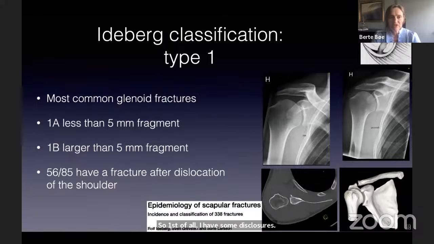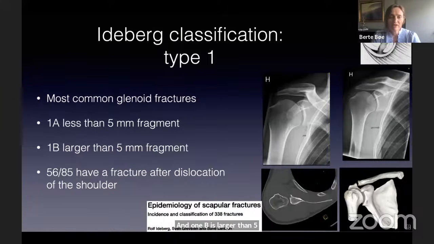Bankart fractures can be classified according to the Edinburgh classification, which is the most used for scapular fractures. I will not say anything about other fractures, but this type 1, the Bankart fracture, is the most common glenoid fracture. To divide type 1 into subtypes is easy: 1A is a fragment less than 5 millimeters and 1B is a fragment larger than 5 millimeters.